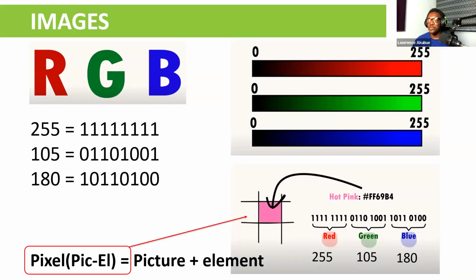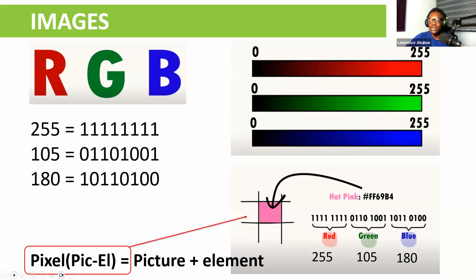By the time you combine 101 of red, 105 of green, and then 108, and you send it to the central processing unit, it knows that that particular value is hot pink because you are mixing the color. You can get every other color from here. So you can see the arrangement.